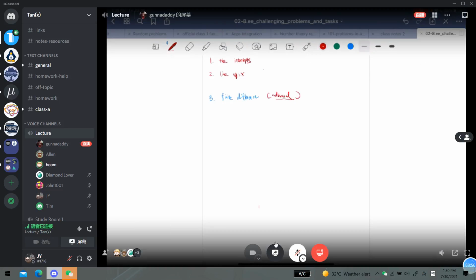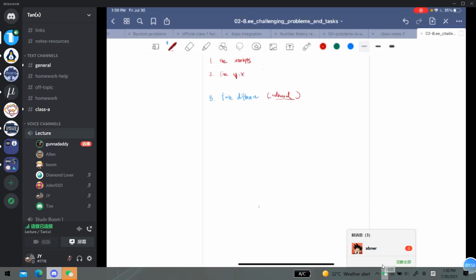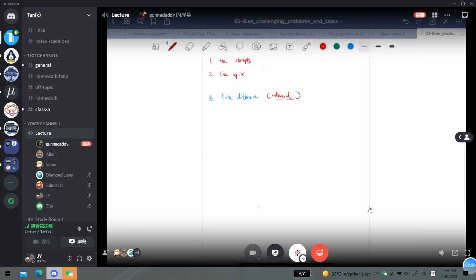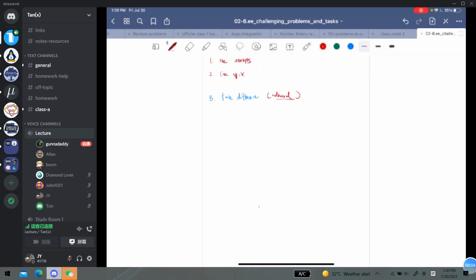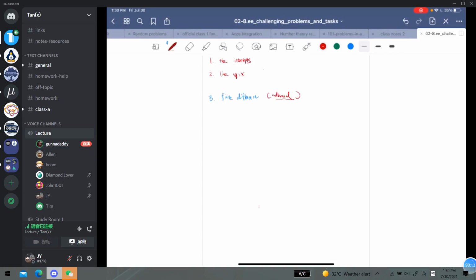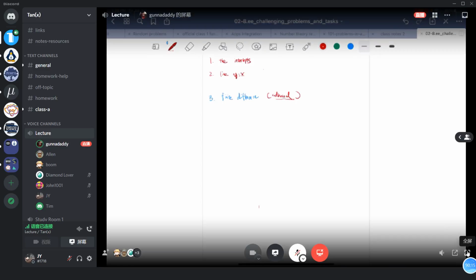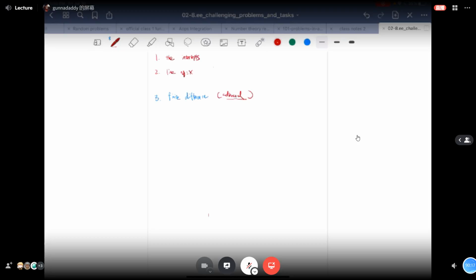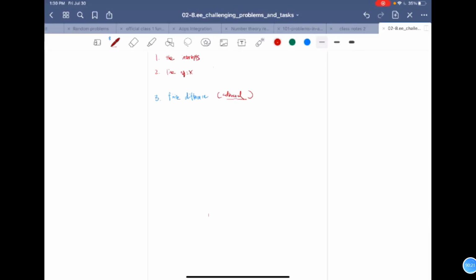Could you pin the homework, the PDF? Could you pin it? Oh, sure. The homework? Oh, okay, sure. Can I pin it in the Class A chat? How do I do it? I'm an old man, I don't really know how to use this. I see. I'm not sure if you're on computer or iPad, so I'm using computer.